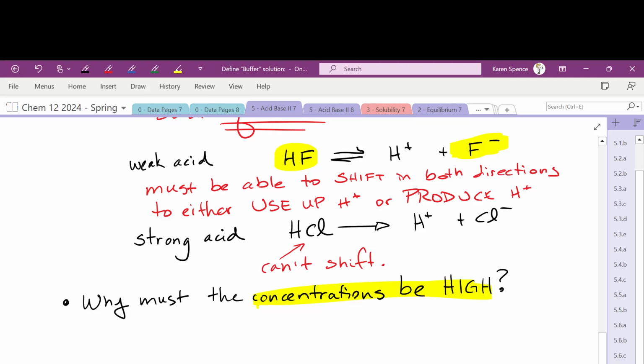Chit chat with your neighbor. Why do the concentrations have to be high?